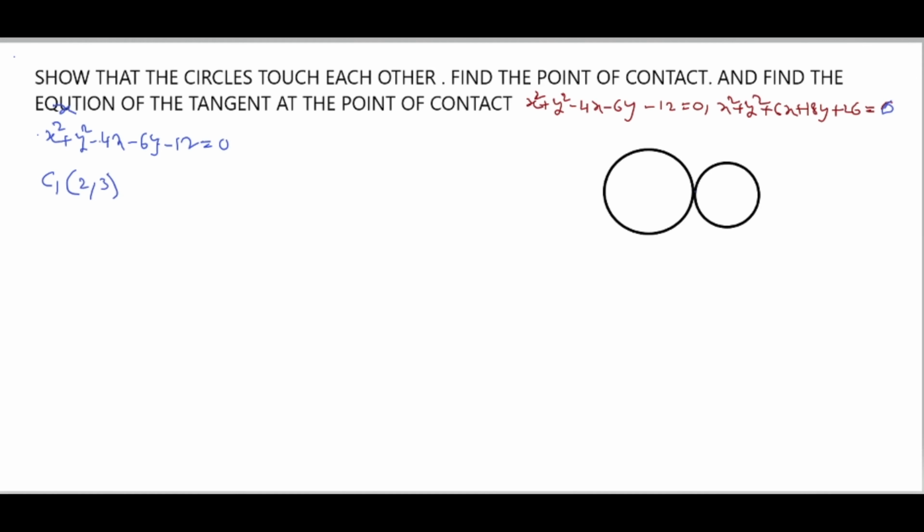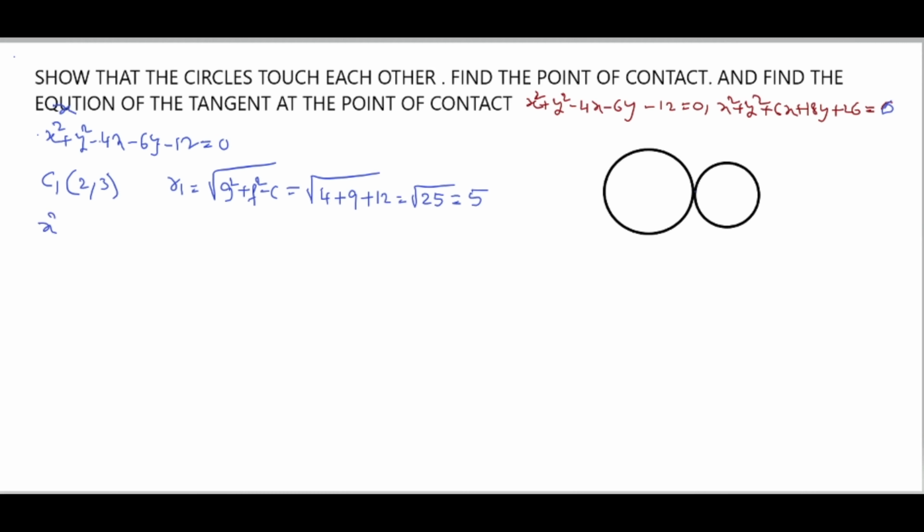C1 is (2, 3). And R1 is the square root of g square plus f square minus c. g square is 4 and f square is 9. The c value is -12, that is plus 12, that is equal to root 25, which is 5.